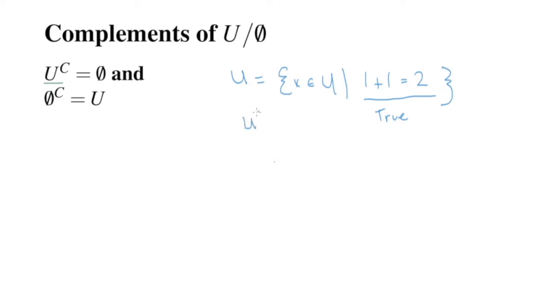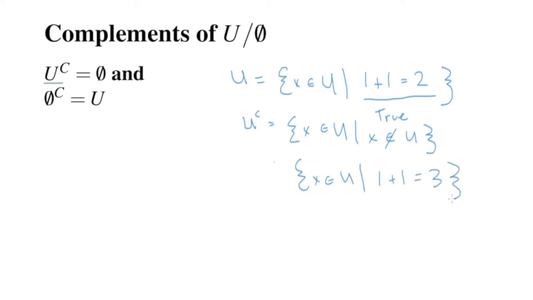So what's the complement of the universe? Well, it's anything that's not in this set, right? It's the set of things in the universe such that X is not in the universe. What would that be? It would be something like the set of things in the universe such that 1 + 1 = 3. Something that's false.